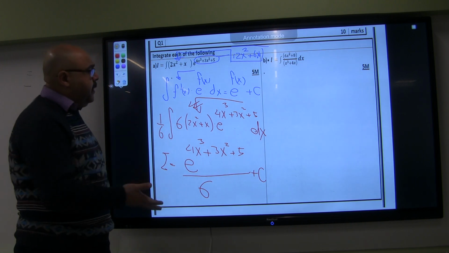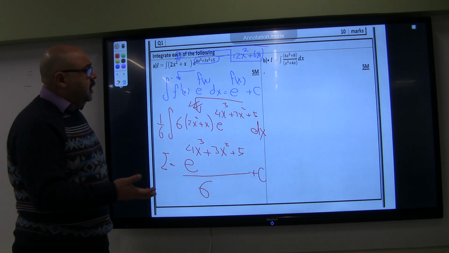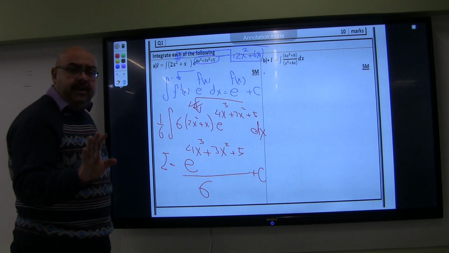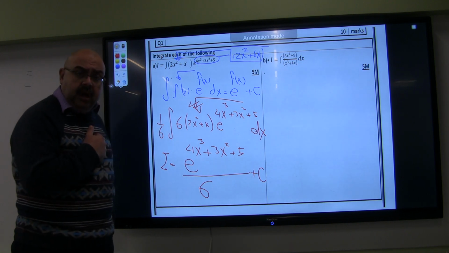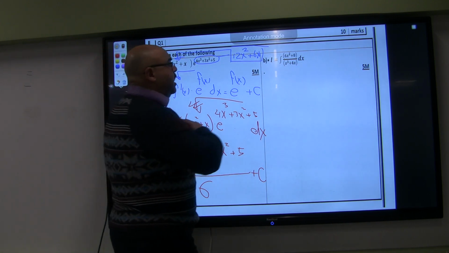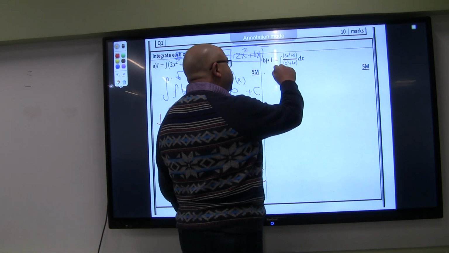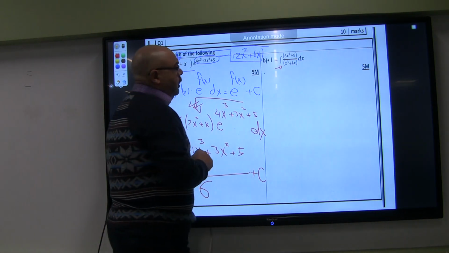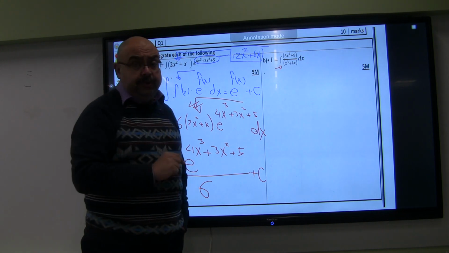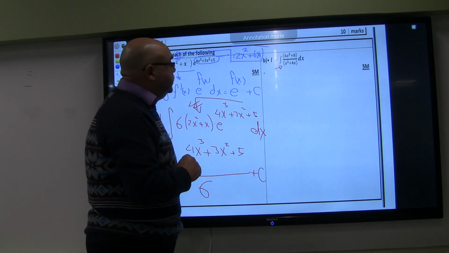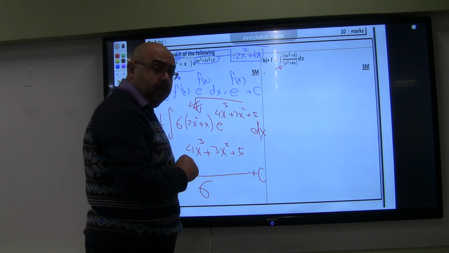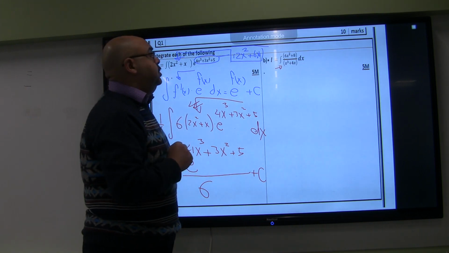If I go to the problem on the other side, as I told you previously, once you have a numerator and a denominator, please try to look deeply at your denominator. The denominator here is x to the power of 3 plus 4x.